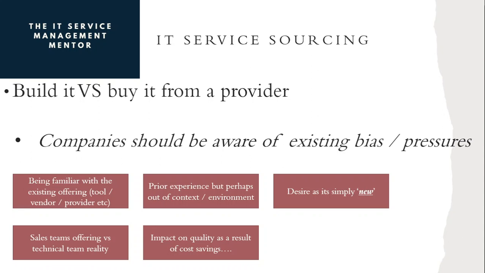Is that perhaps clouding judgment a little? Certainly in terms of the sales team offering, it can do absolutely everything, versus the technical team reality: well, okay, we've maybe been told it can do X, Y, and Z, but in reality it can only do elements of it. So the sales team is perhaps selling something that technically it can't really deliver.